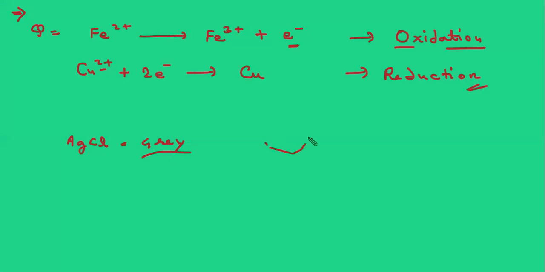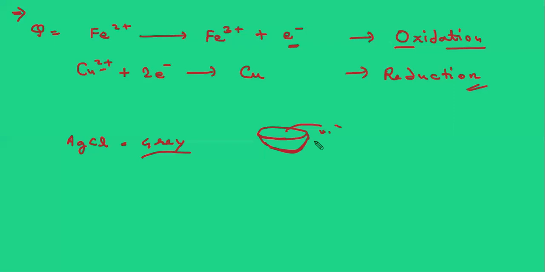Sometimes they will also ask you, suppose you have copper powder in a china dish. When you are heating that china dish, the surface of that copper powder becomes coated with a black color substance. So what is that actually? It was a copper powder, but after that it became black. Why is it so?